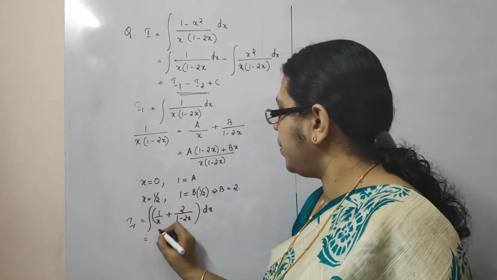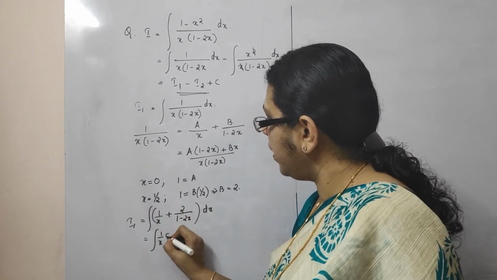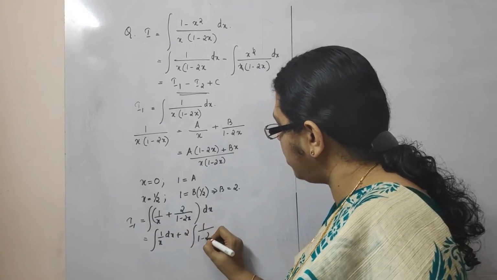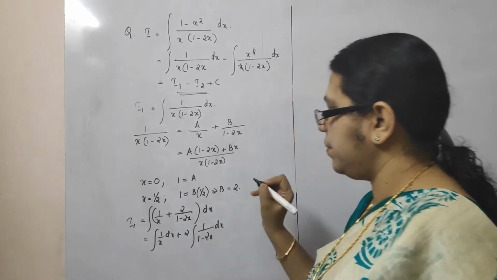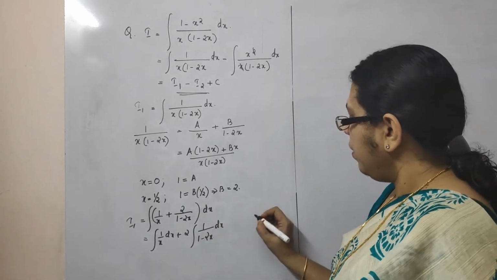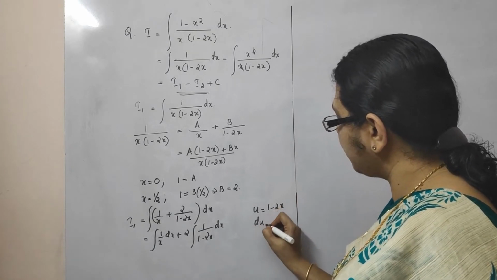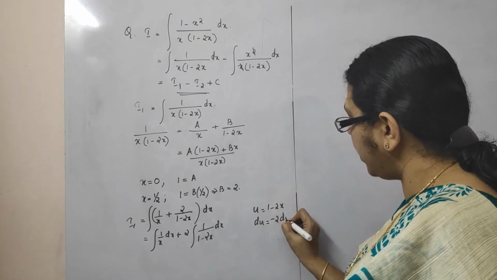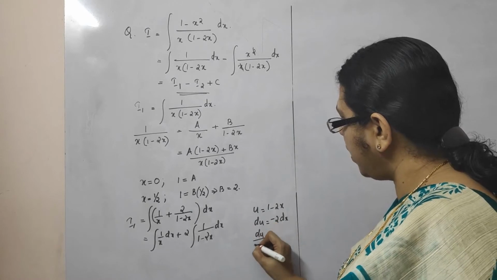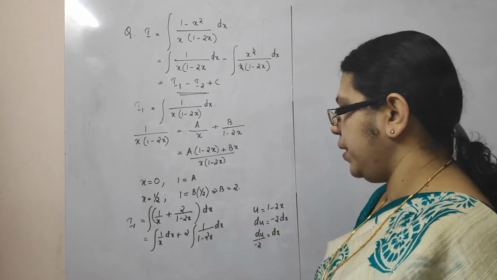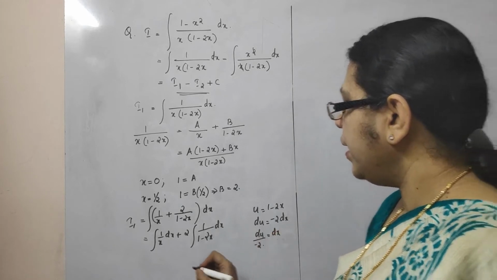Okay. Now I separate this. That is integral of 1 by x dx plus 2 times integral 1 by 1 minus 2x into dx. Now, here you see, if you put u is equal to 1 minus 2x, what is du? It is minus 2 dx, isn't it? So du by minus 2 is equal to dx. This is exactly the numerator here. So what am I getting? Du by negative 2.